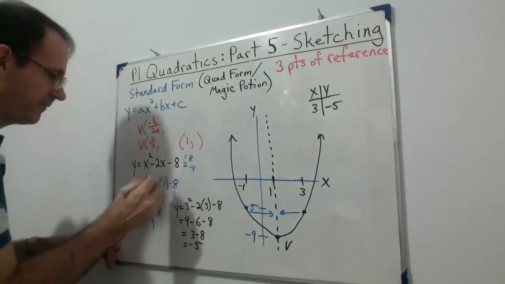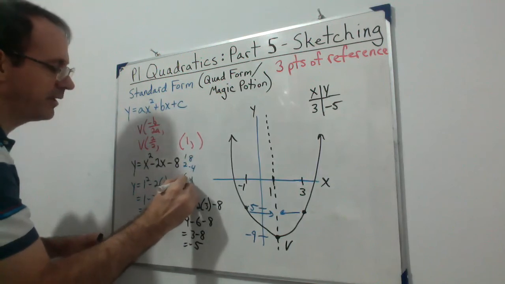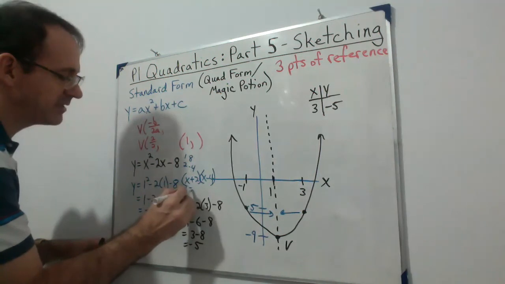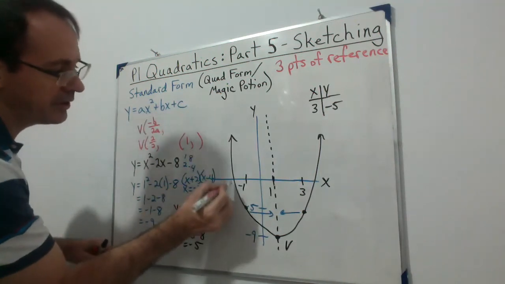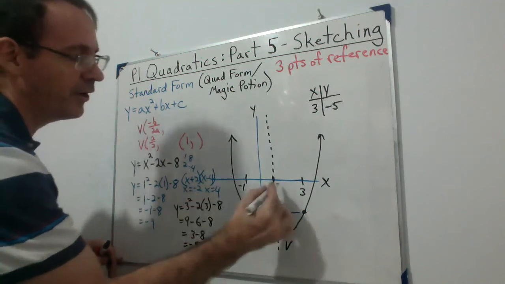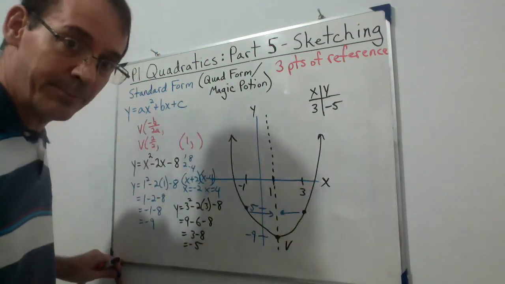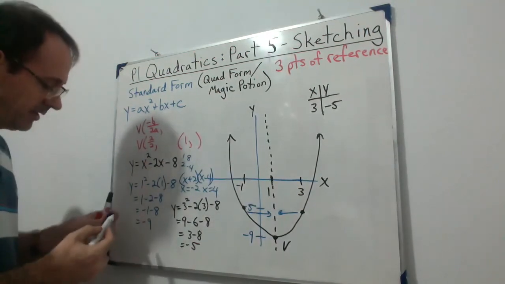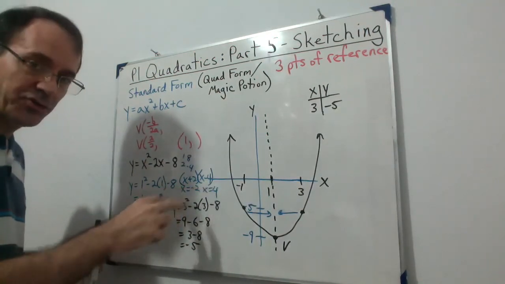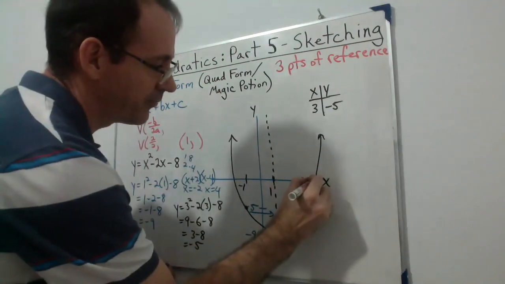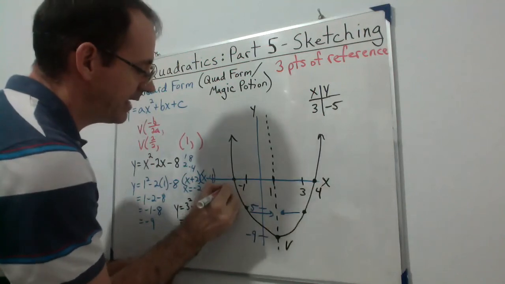Okay, so if this were x plus 2 and x minus 4, you get x equals negative 2. What do you know? We're right at that negative 2 spot, and x equals positive 4. And what do you know? We're right at about that positive 4 spot. So you could factor it to get your two intercepts. So you would have gotten 4 and negative 2.